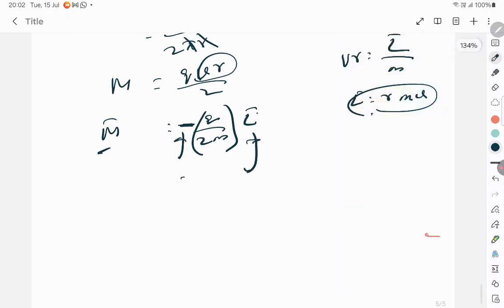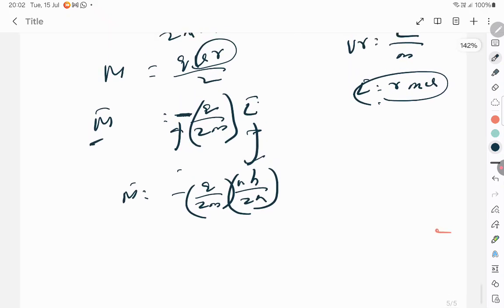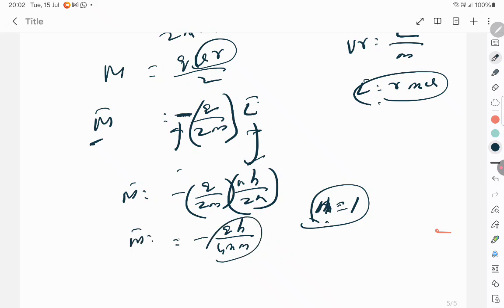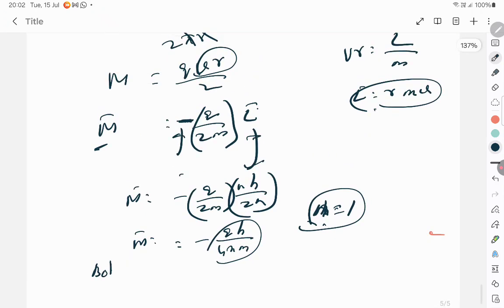From chemistry, the magnetic moment is minus Q by 2M times NH by 2 pi, using the angular momentum of a revolving electron of the hydrogen atom from Bohr's postulate. If N is equal to 1, the first orbit of the hydrogen atom, minus QH by 4 pi M is called Bohr's magneton.